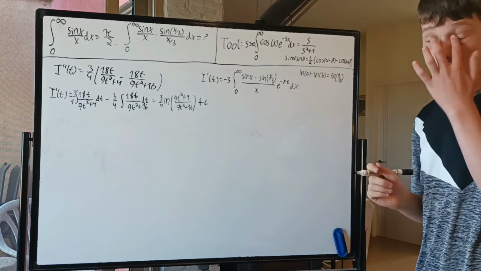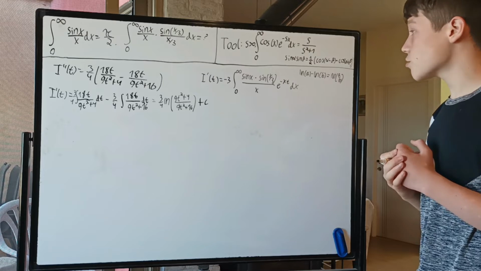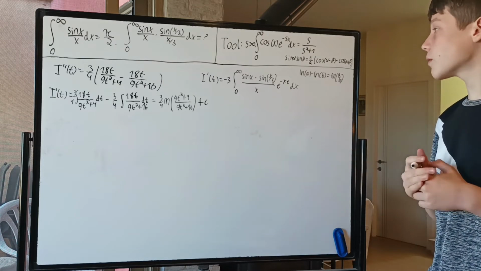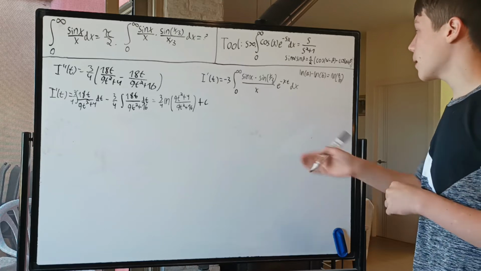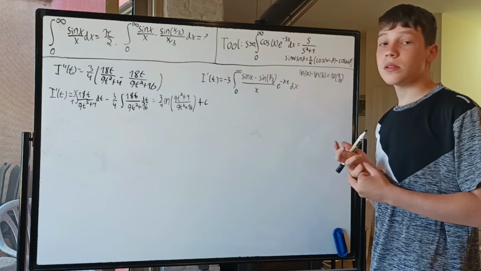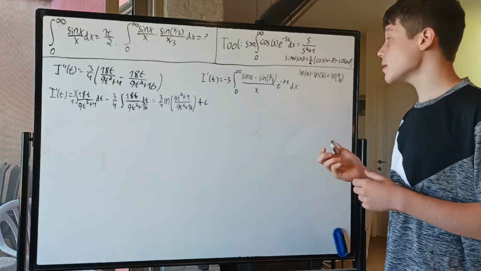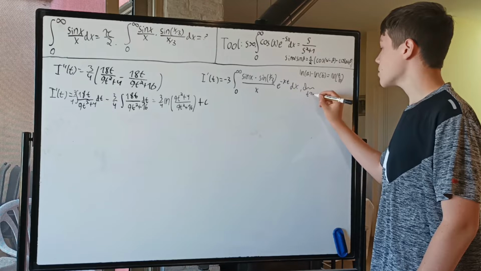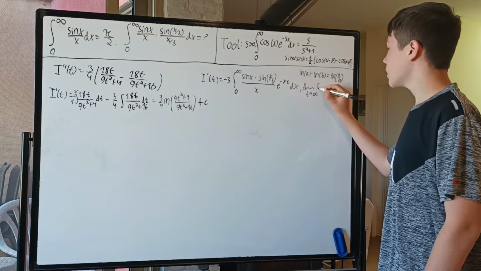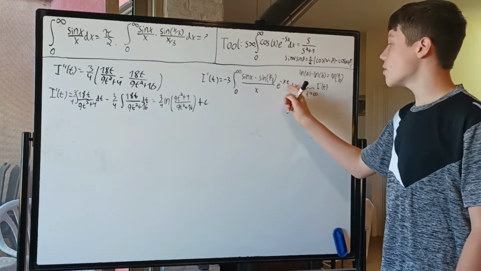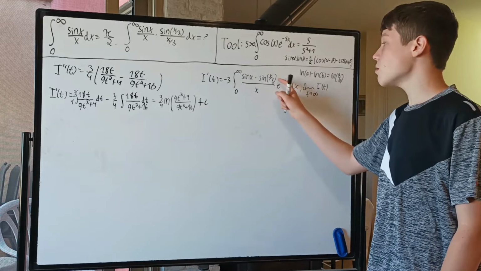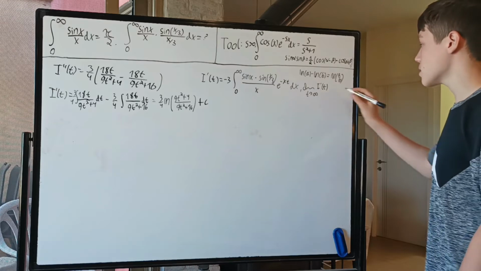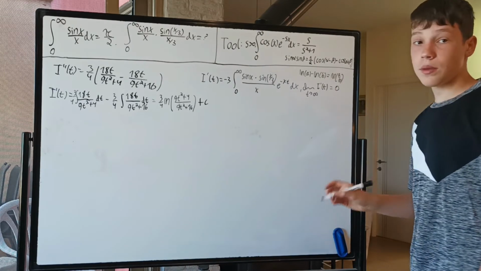And it seems a bit monstrous, and like, how can we possibly know a value of this integral? But we don't really know a value of the function, we know a limit, because you can see, if we take the limit as t goes to infinity of I prime t, this thing will tend to 0, so the entire thing will tend to 0. So the limit will be 0.